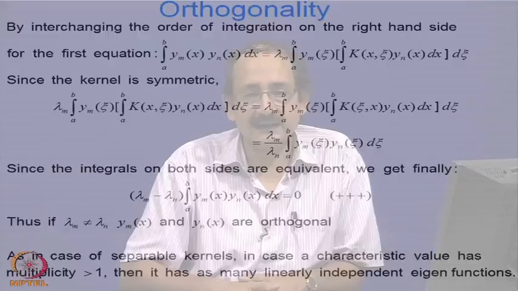Similarly, as in the case of separable kernels, if our eigenvalues have multiplicity greater than 1, then we have n minus r eigenfunctions corresponding to a particular eigenvalue. They will be linearly independent, and I can again do a Gram-Schmidt type orthogonalization procedure to end up with n minus r orthogonal eigenfunctions.